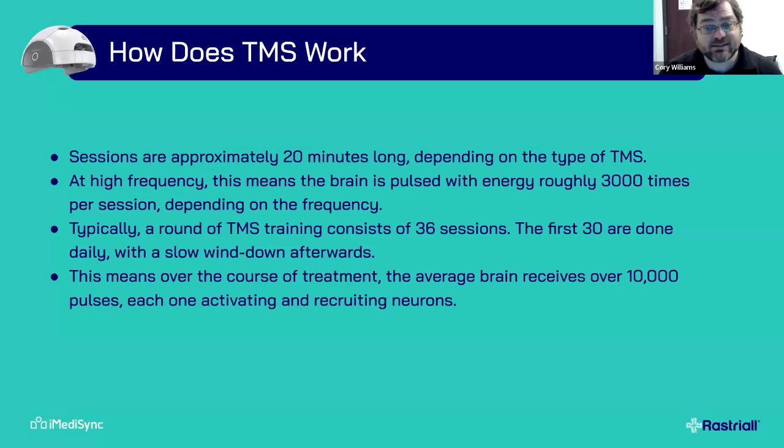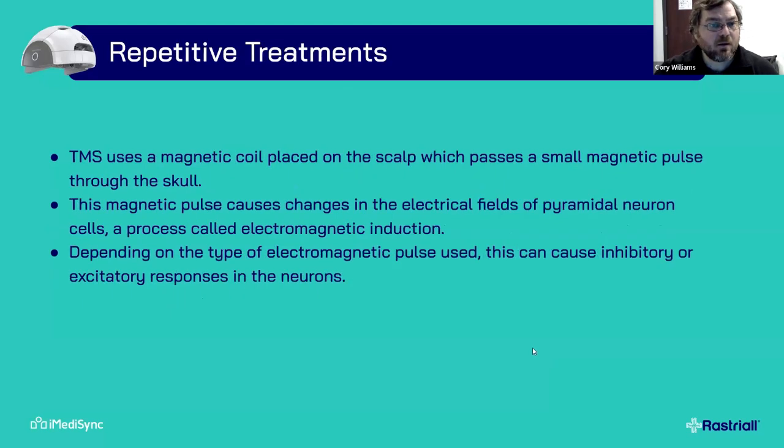We ask our clients to come in every day for 30 days, business days. We take weekends off. And then there's a slow wind down afterwards. This means that over the course of a TMS treatment protocol, 36 sessions, 3,000 pulses per session, we're getting 10,000 pulses or more.